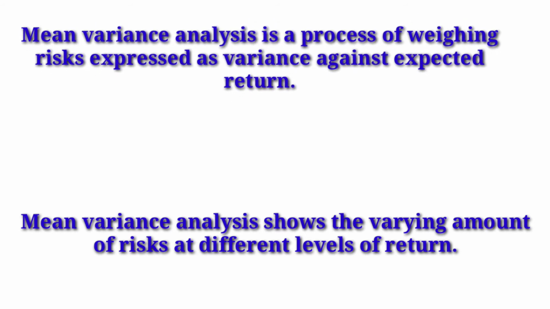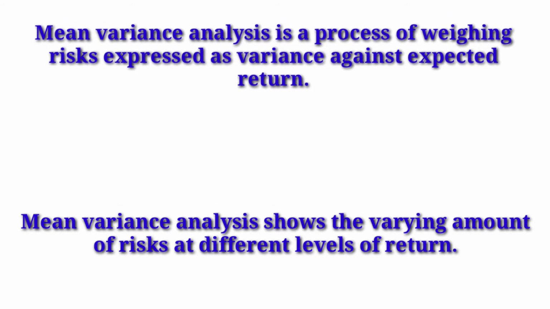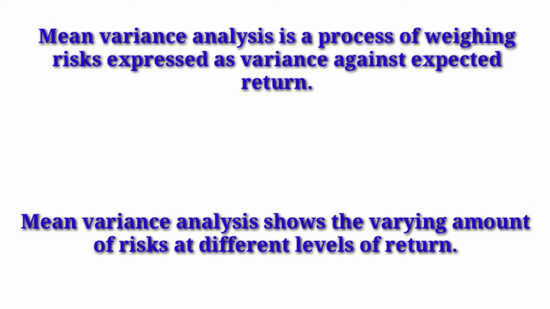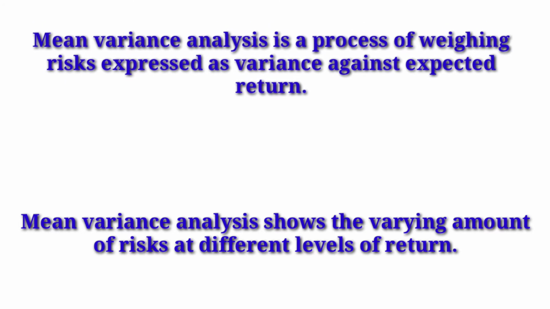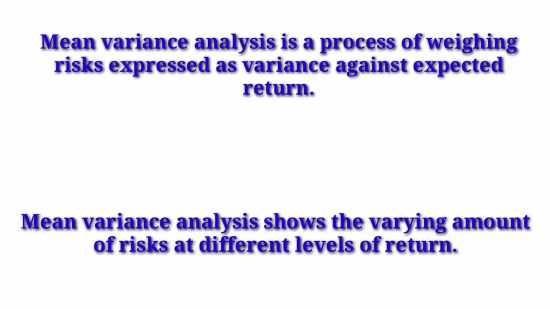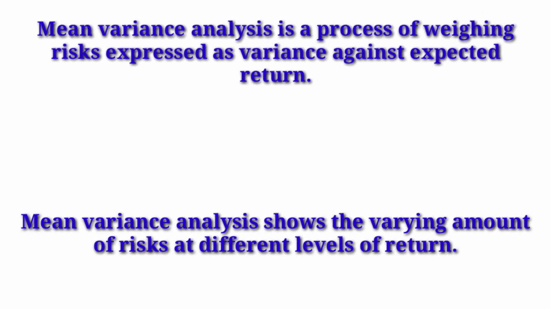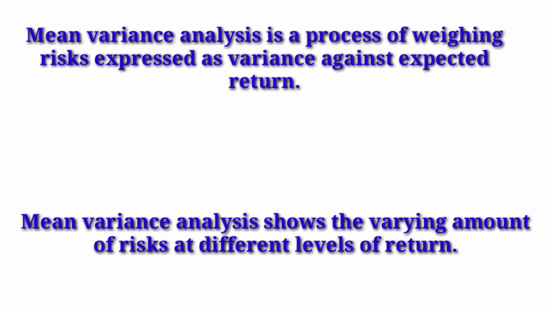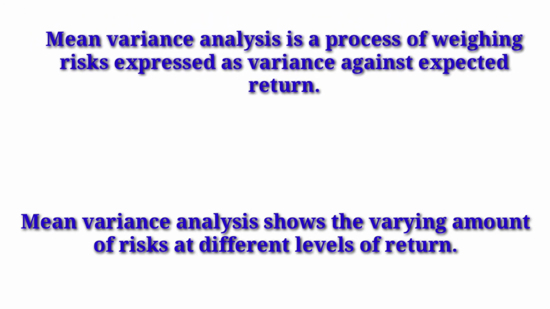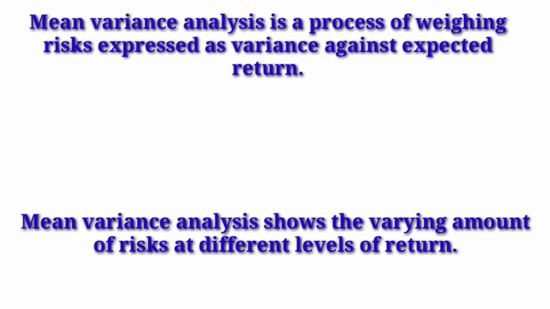It allows the investors to find out the maximum possible return at a given level of risk and the least risk at a given level of return. This helps investors to make decisions about the financial instruments or assets for investment.